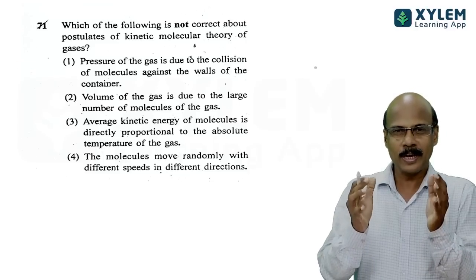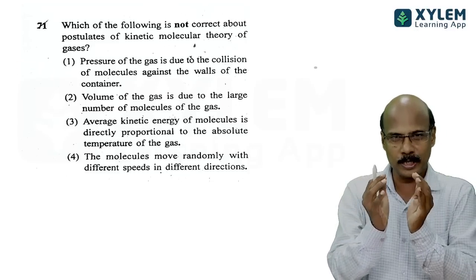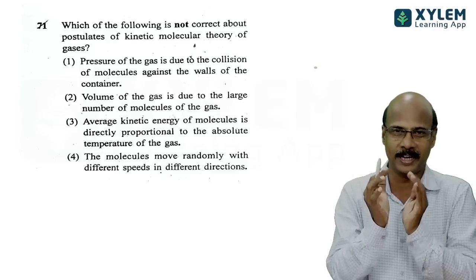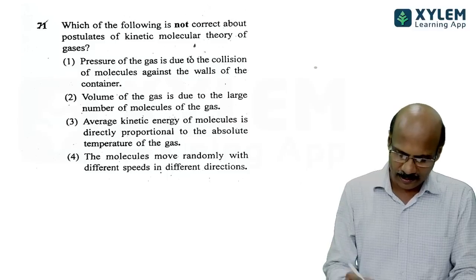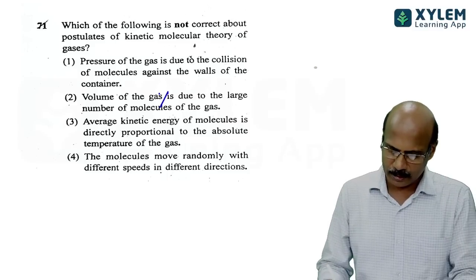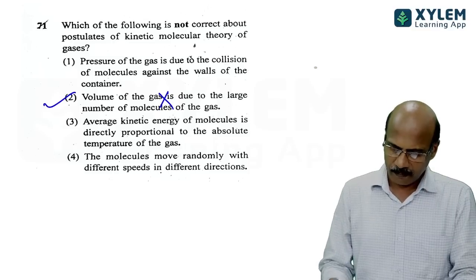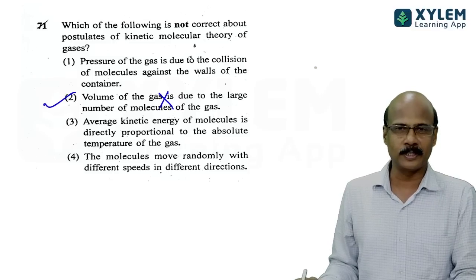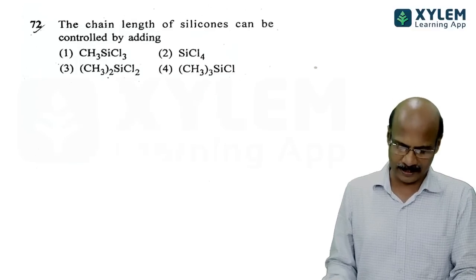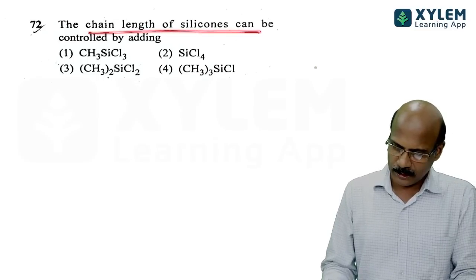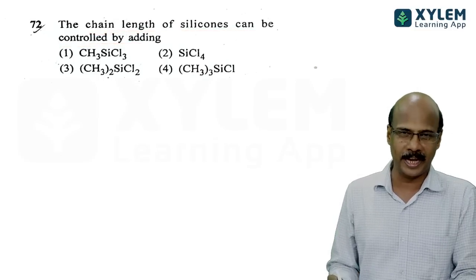If you take a large number of gas molecules in a very small volume, the volume of the gas is the volume of the container, isn't it? So clearly this statement is wrong and it is not a part of the postulates of kinetic theory of gas. All the others are statements of kinetic theory of gases. Question number 72. Chain length of silicones can be controlled by adding.